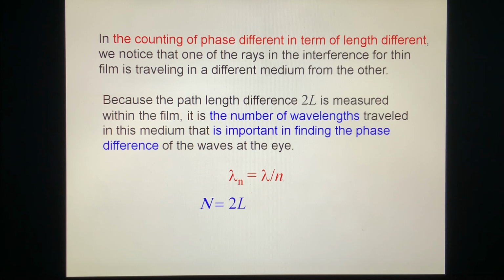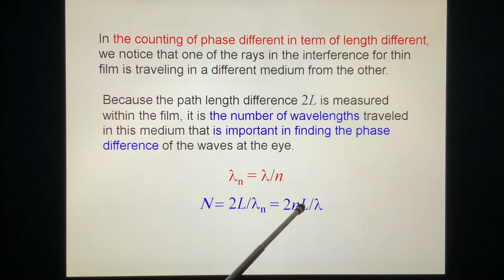Okay? So for the same length, the number of wavelengths counted is different. You divide by lambda n, and for lambda n, you put lambda over n inside. Look at this, 2nL, okay. We can look at this in another way.